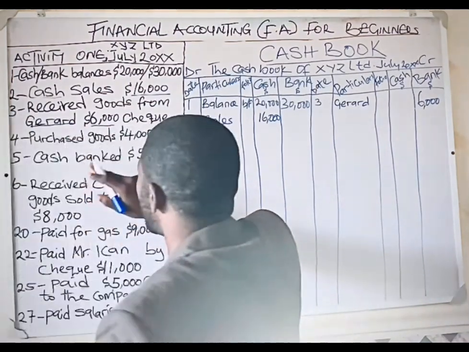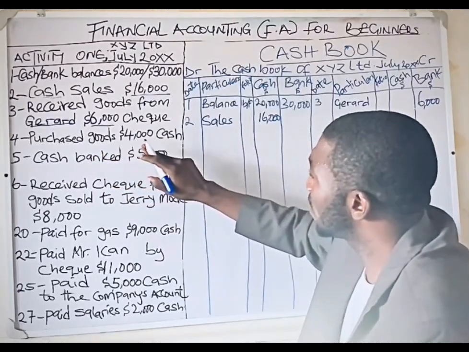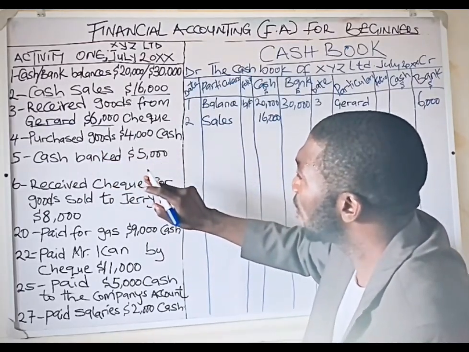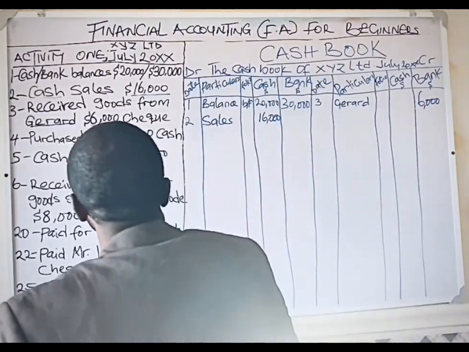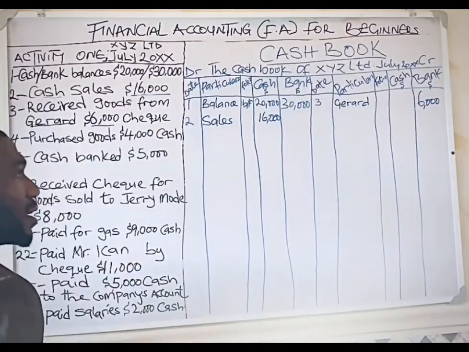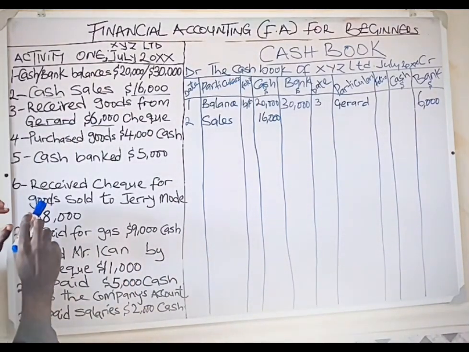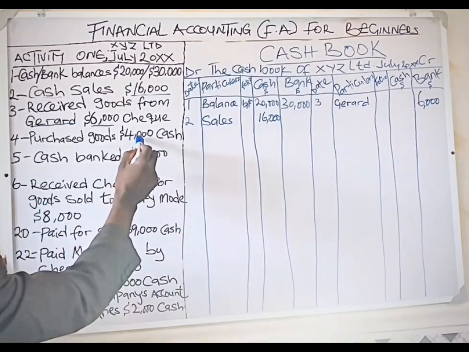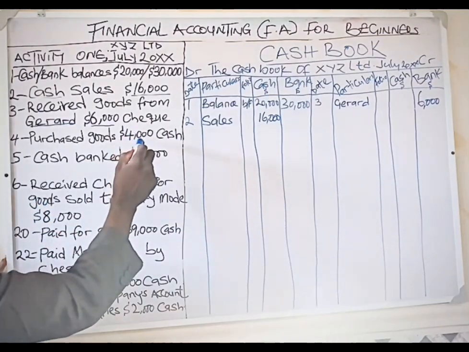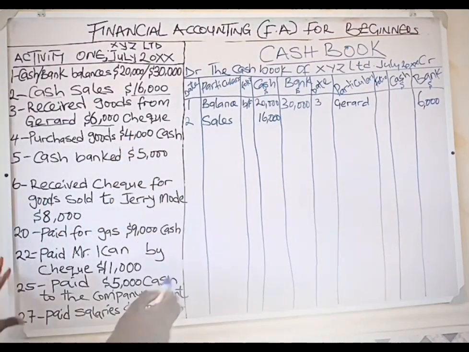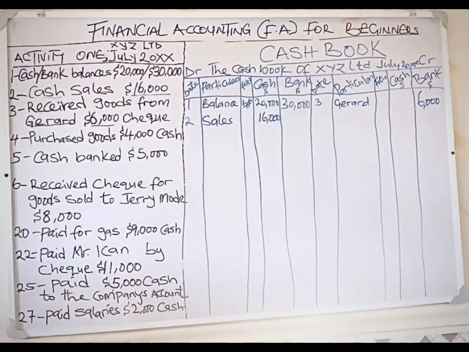We purchase goods, $4,000 cash. So we are buying goods and we are giving out cash. What cash book is all about is the movement of the cash, the in and out movement of the cash, inflow and outflow of the cash. Not the goods. This cash is going because of purchase.